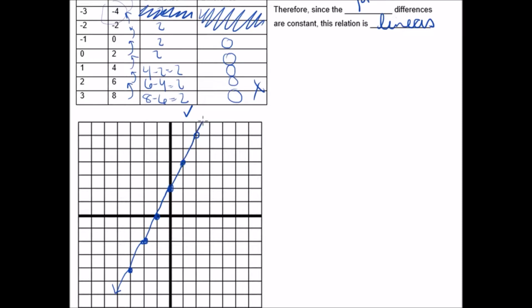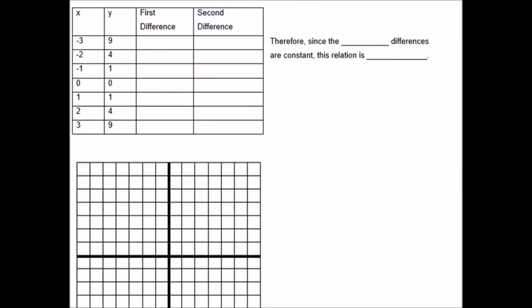So this is clearly a line. And if you look at the first 4 letters in linear, they spell out line. So if the first differences are constant, it's a line.